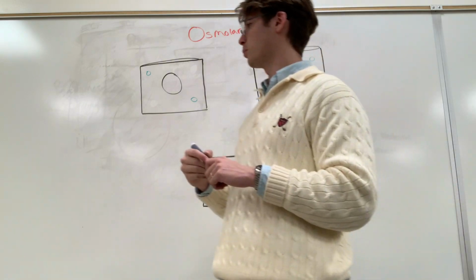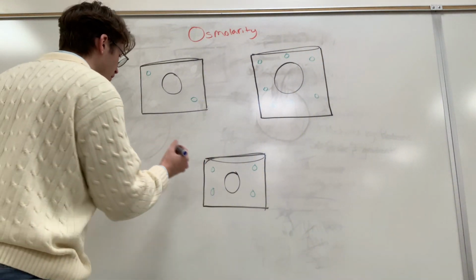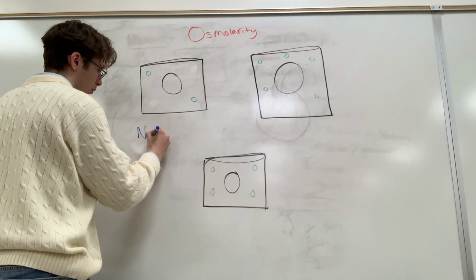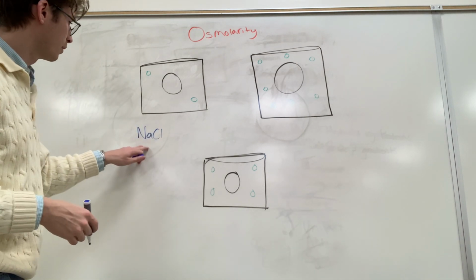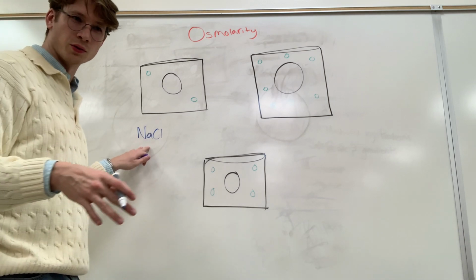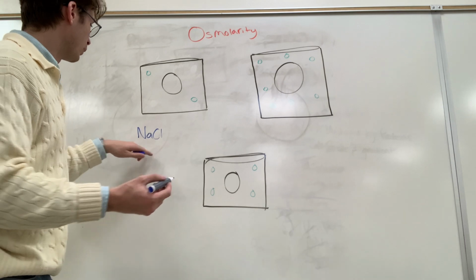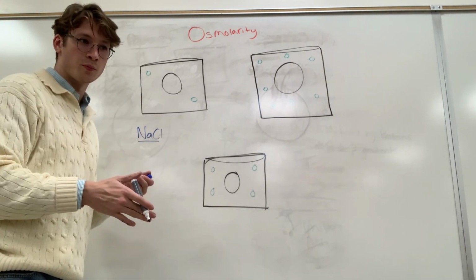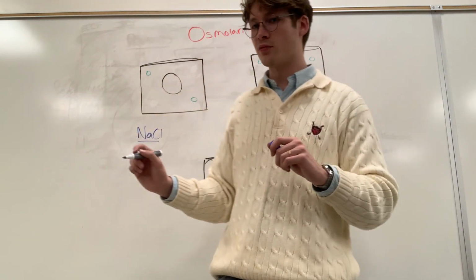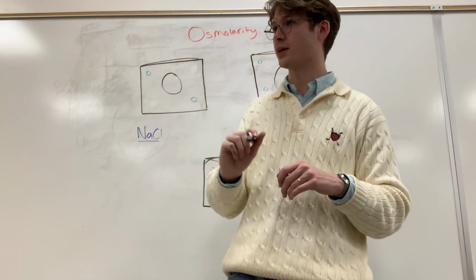So just a quick example, if we have, let's say, sodium chloride, very common. Sodium chloride is one molecule. If we were talking about molarity, when we put sodium chloride inside of a solution, we would have 1 mole of sodium chloride in that solution.